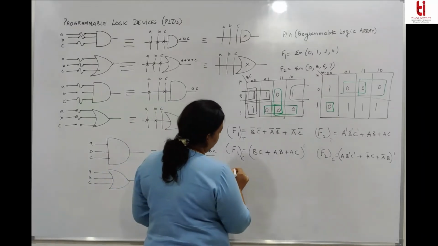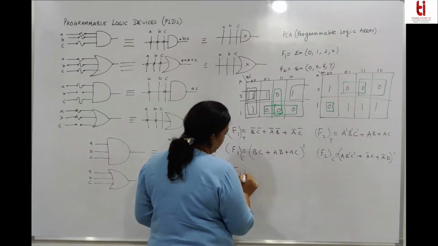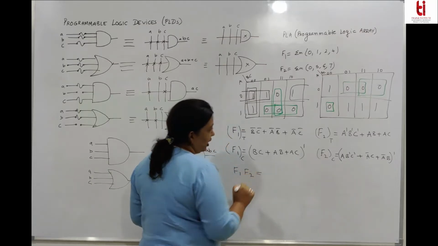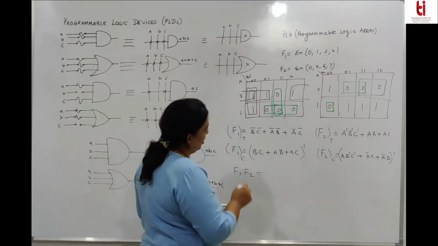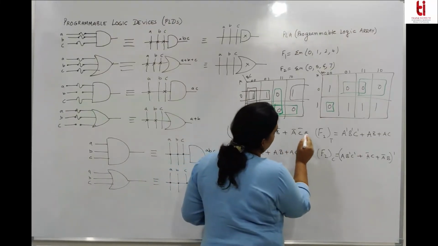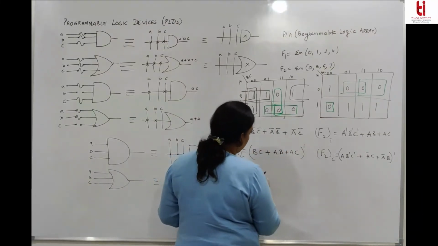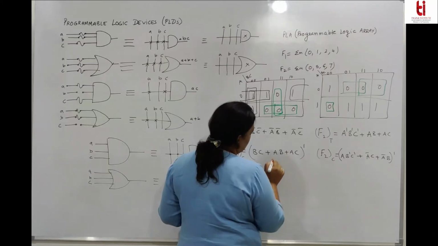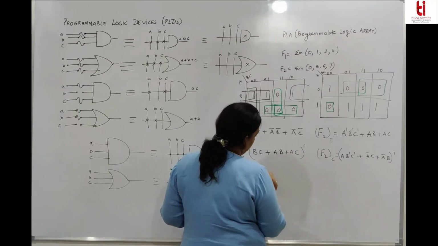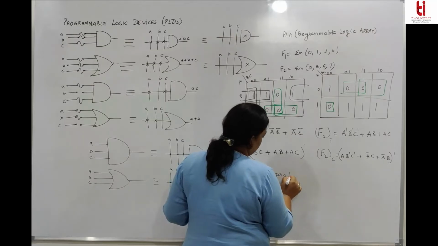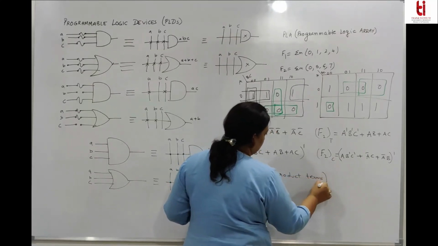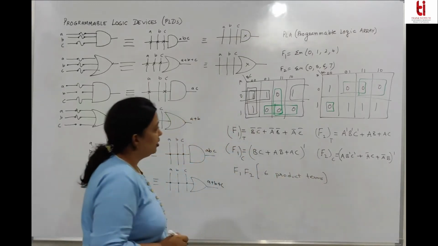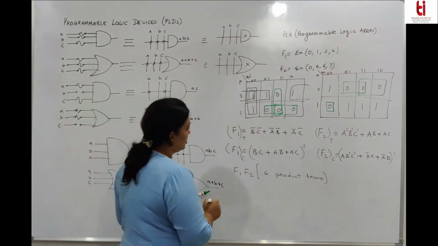Second is you have to make the function. If you have F1 and F2 in your circuit, then the number of product terms will be 1, 2, 3, and in total 6. Number of product terms will be 6.